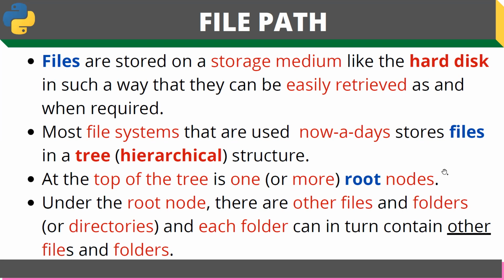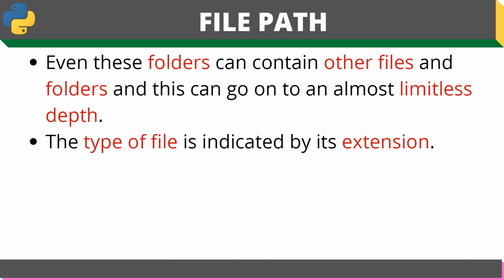Under the root node, there are other files and folders. Folders are also called directories, and each folder can in turn contain subfolders and files. Even these folders can contain other files and folders, and this can go on to an almost limitless depth.